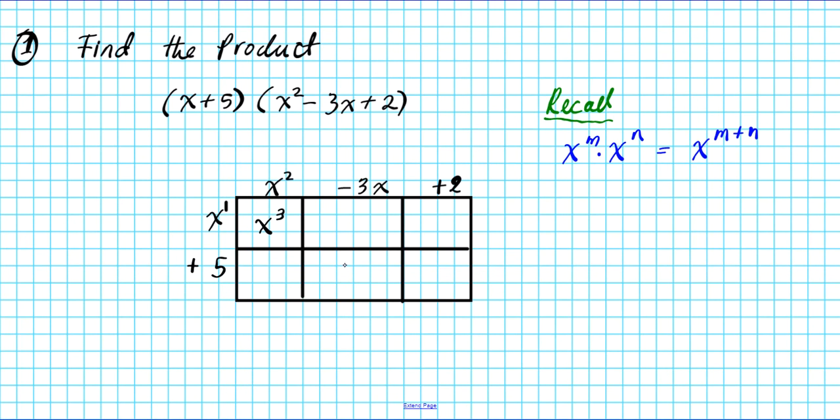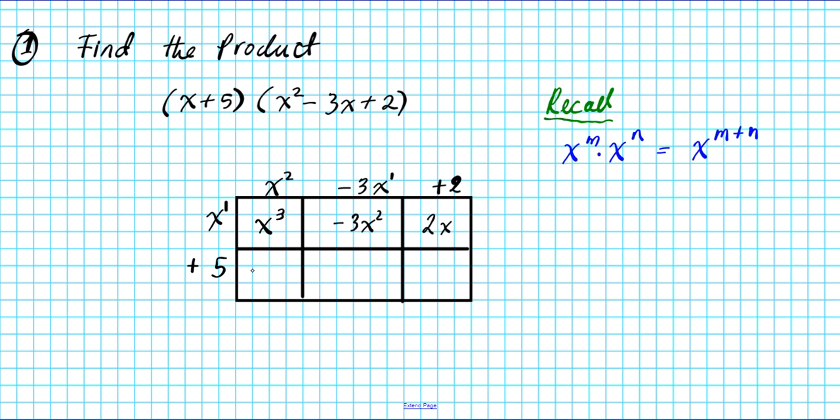Now, moving along to the second column on the first row, x to the first times negative 3x is negative 3x to the second power. There's a 1 here, and you just add the two powers, and you have x squared. Now, last column, times x, x to the first power times 2, that just gives us 2x.